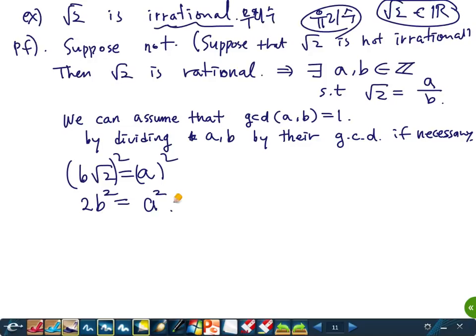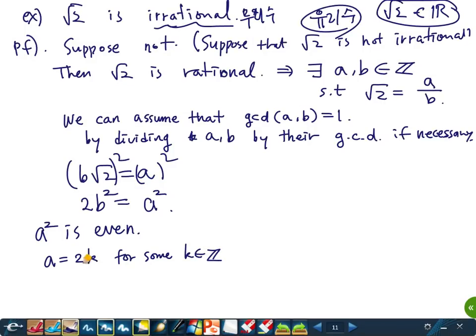All right? Now a squared is an even integer. So a squared is even. But we showed that if a squared is even, then a must be even. So a is 2k for some integer k, right?